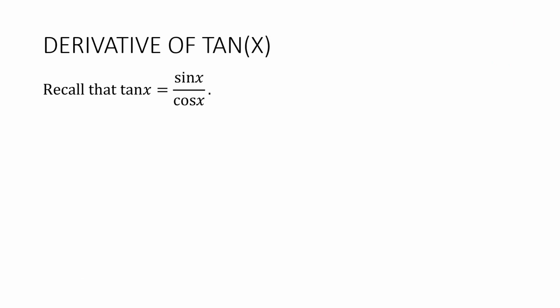Let's move on to the derivative of tan x. Recall that tan x is equal to sin x divided by cos x. So to differentiate this, we're going to use the quotient rule. u is equal to sin x, v is equal to cos x, and u dashed is cos x, v dashed is negative sin x.